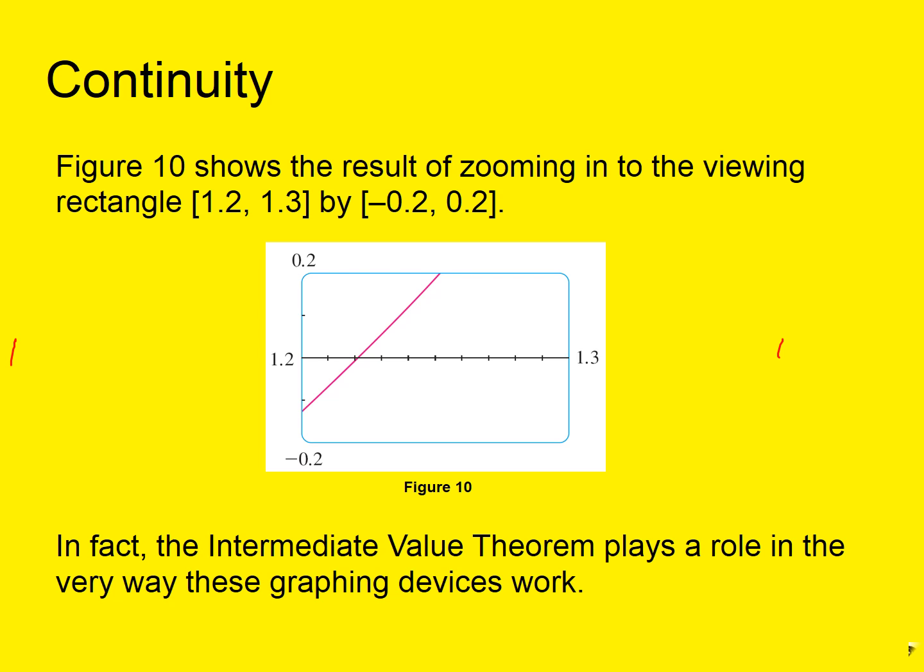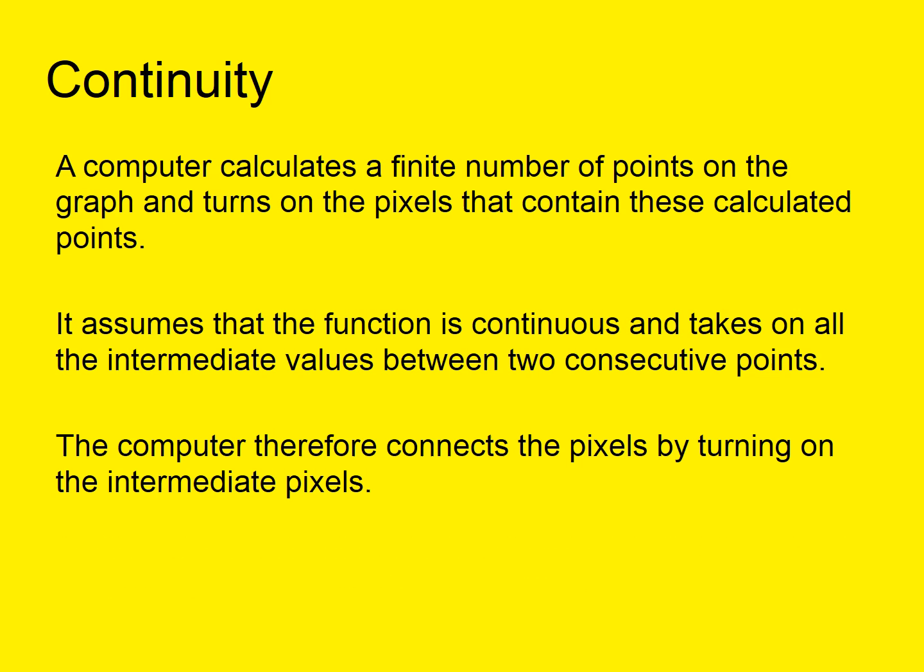Okay, so we're going to learn something now about your graphing calculator. A computer calculates a finite number of points on the graph by necessity and turns on the pixels that contain these calculated points.